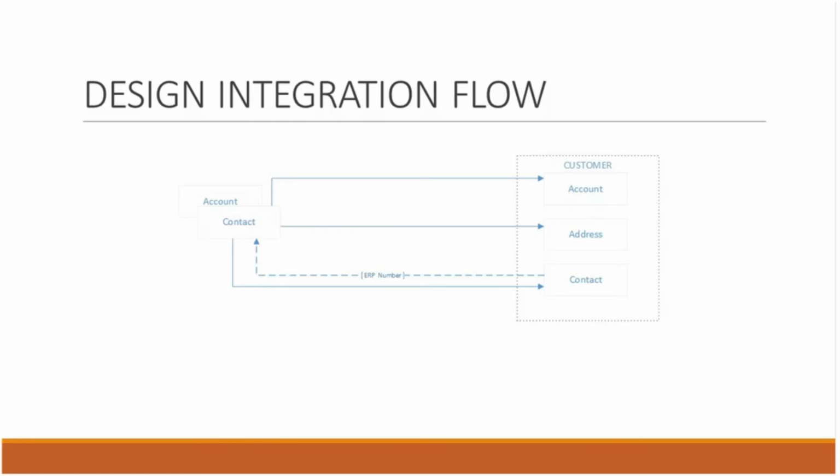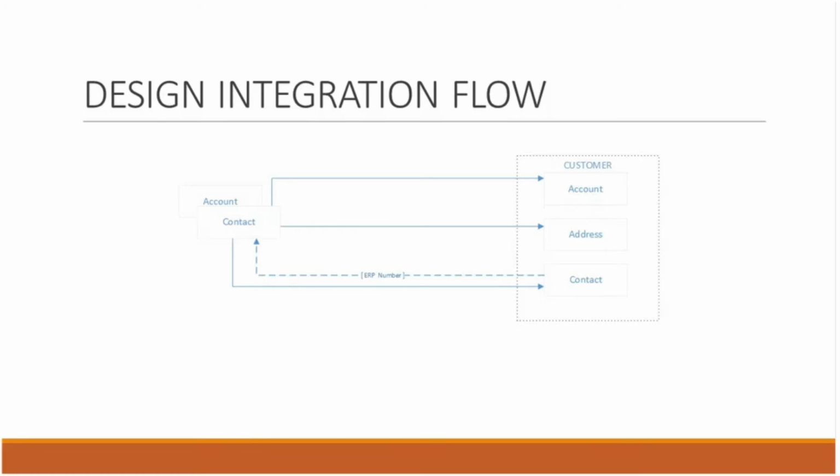It could either be straight to the same entities, so to account and contact, that are living in your ERP side. But depending on the type of software, it could also be in a container entity called customer, and the customer contains account, address information, and contacts.